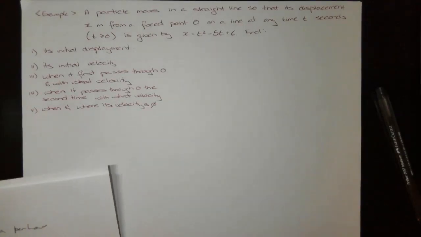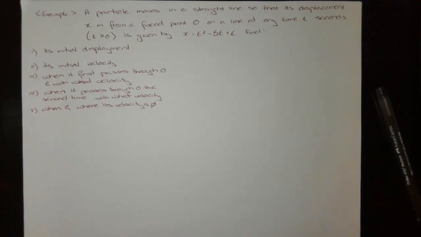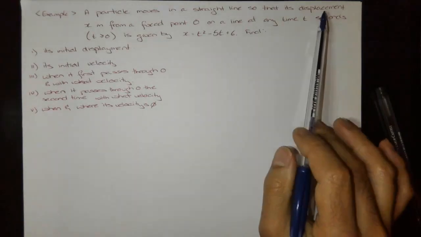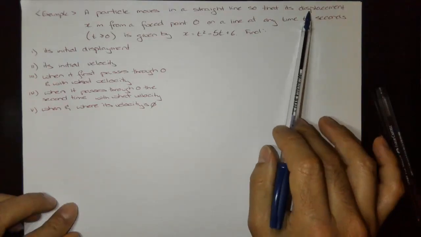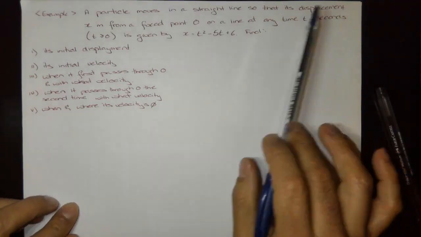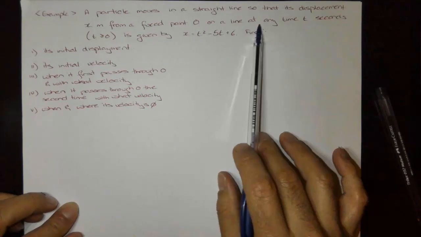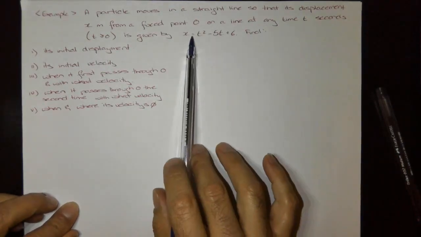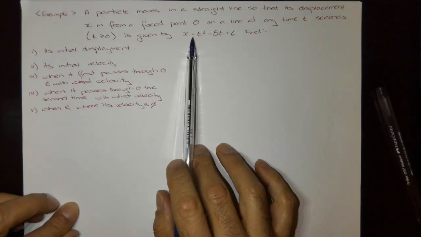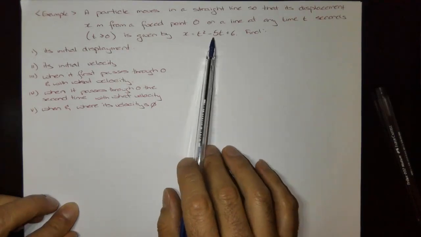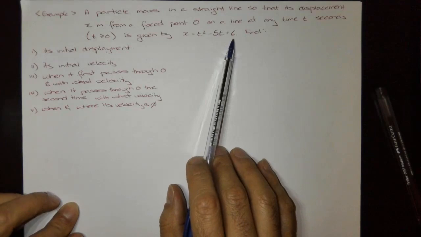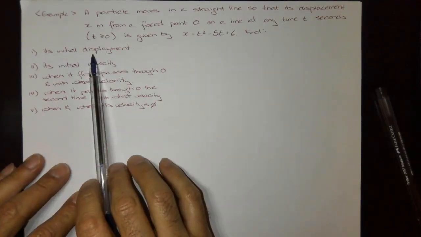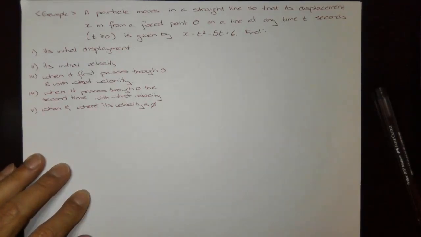So we now have a particle moving in a straight line so that its displacement, how much it moves from its fixed point 0 on a line at any time t seconds, is given by x equals t to the power of 2 minus 5t plus 6. We want to find the initial displacement.